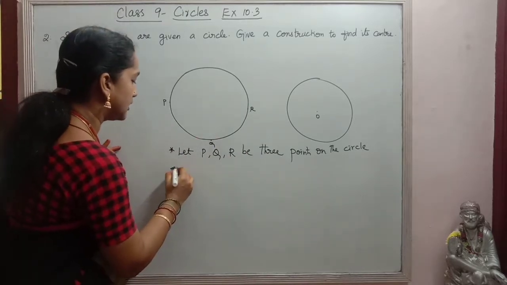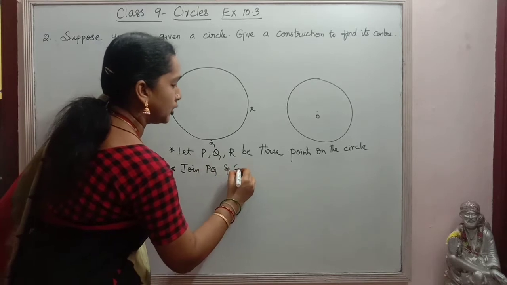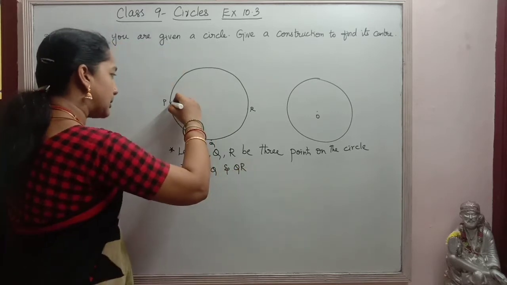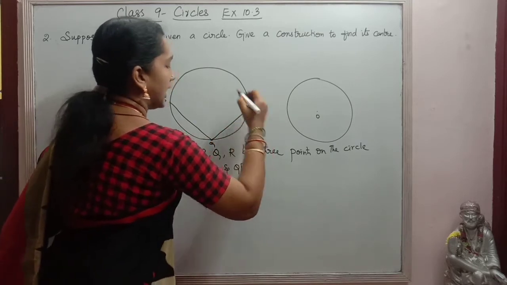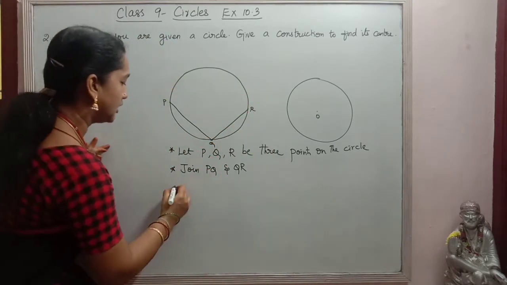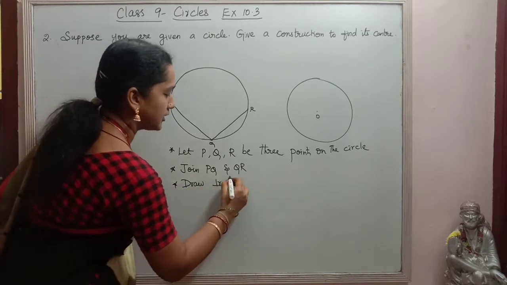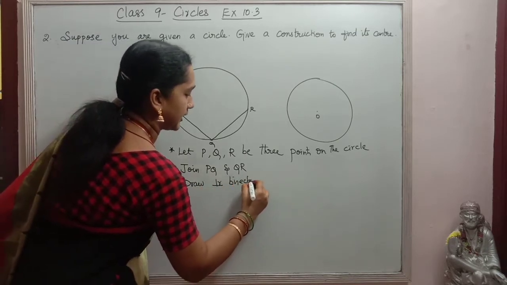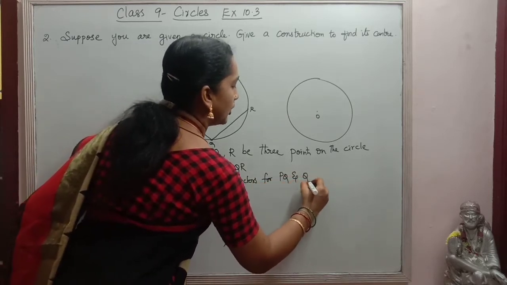Then join PQ and QR. Then draw perpendicular bisectors for PQ and QR.